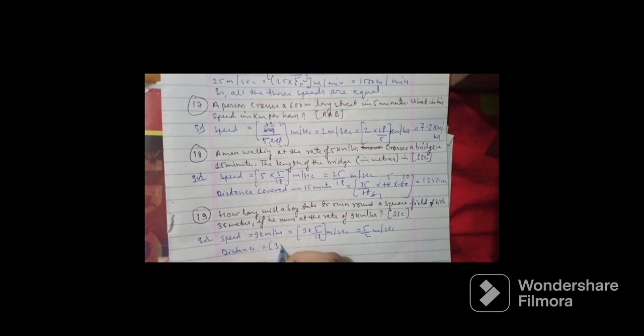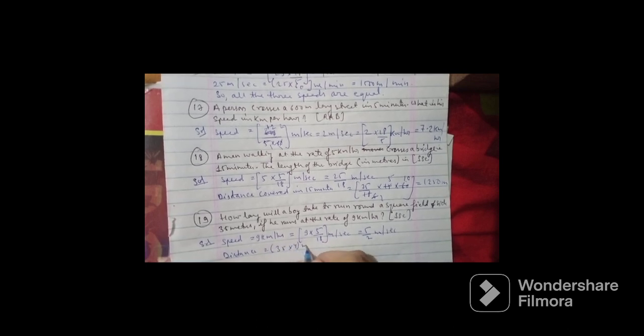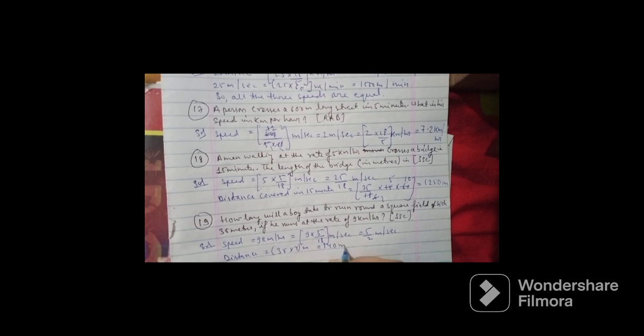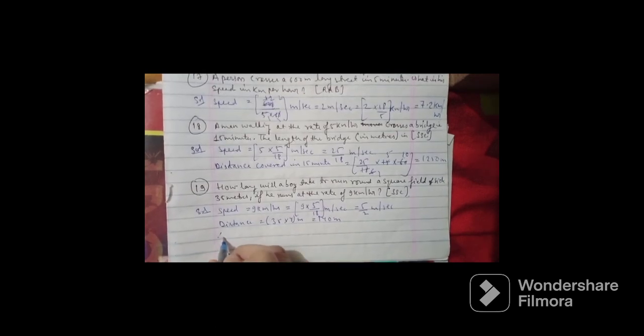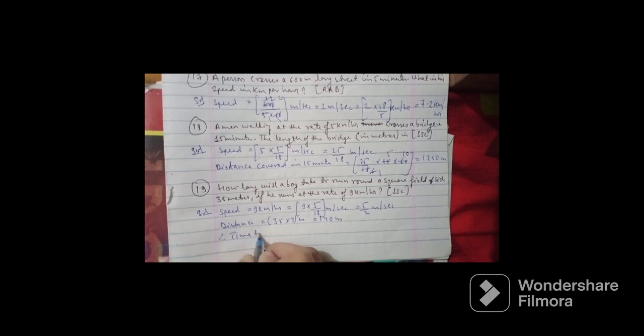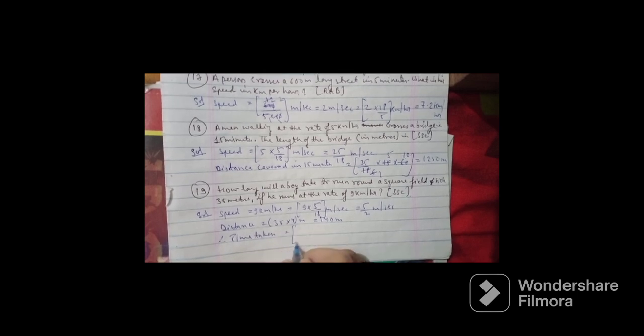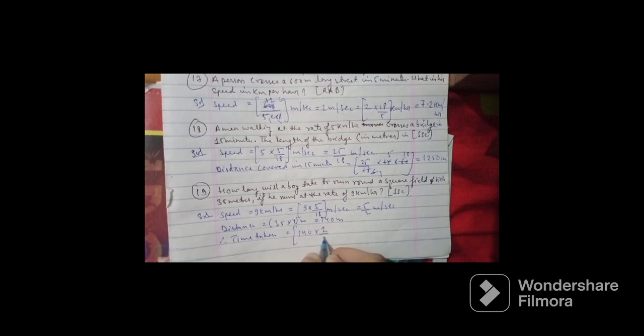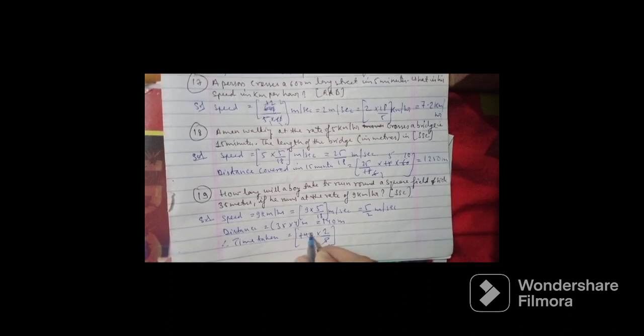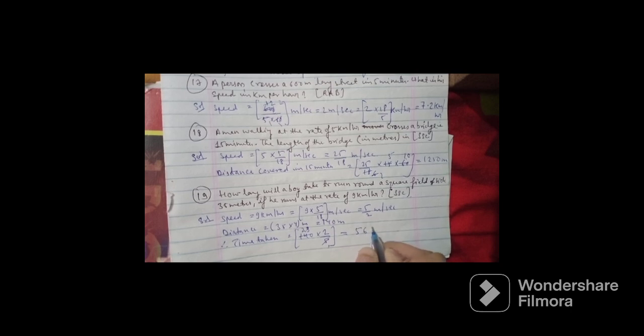Distance equals 35 into 4 meter, which equals 140 meter. Time taken equals 140 into 2 by 5. 5 ones are 5, 5 twos are 10, and 5 eights are 40. So 28 twos are 56 seconds.